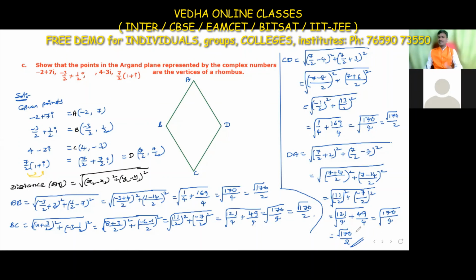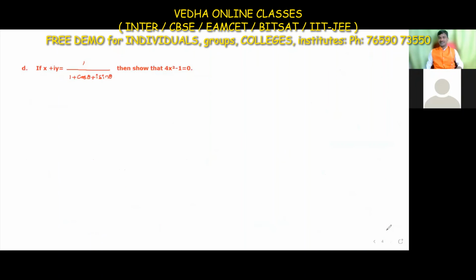So all the distances are equal: AB, BC, CD, and DA. All are equal. So we have to find, for confirmation, whether it is a square or a rhombus. For confirmation, we have to find the diagonals BD and AC.